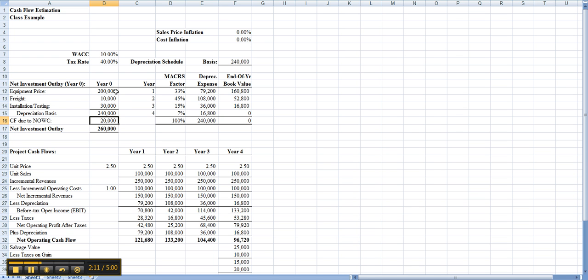And this is a machine that needs some raw materials, say, so you had to purchase $20,000 in raw materials before you could start this project. So because of doing this project, you had to spend more cash. And again, all this is about cash, what cash goes out. So overall, in year 0, you spent $260. And that's not really the cost of the project or of the machine. The cost is $240, but $260 is your net cash investment outlay.